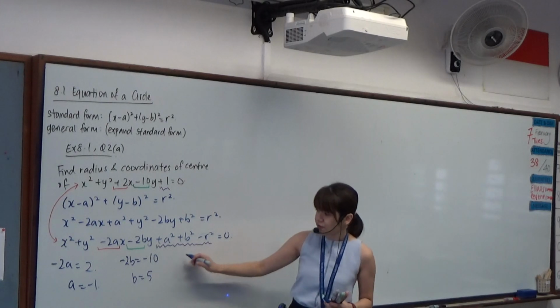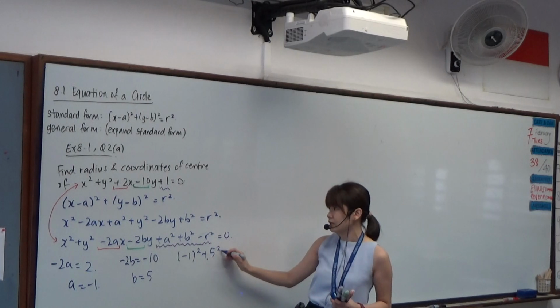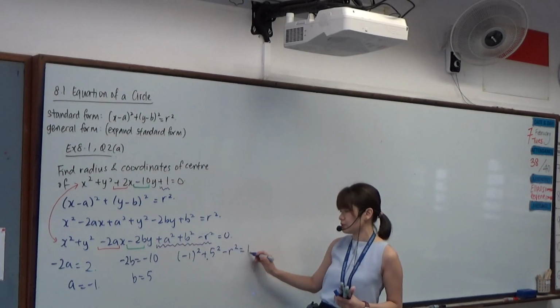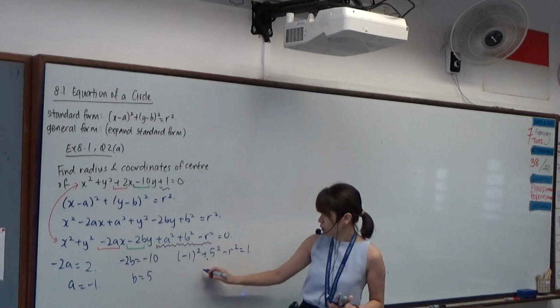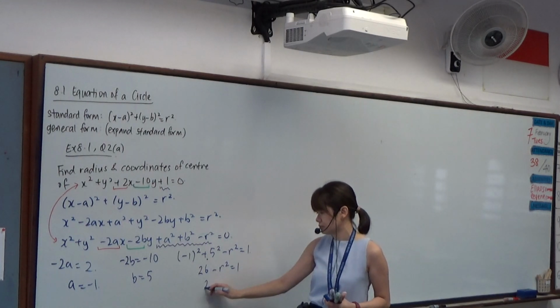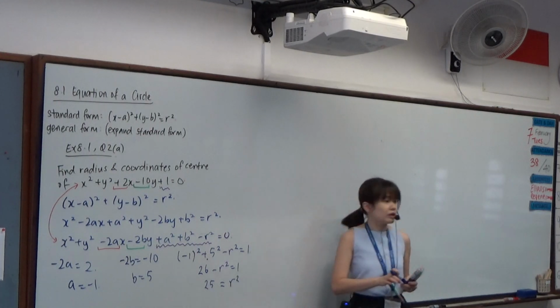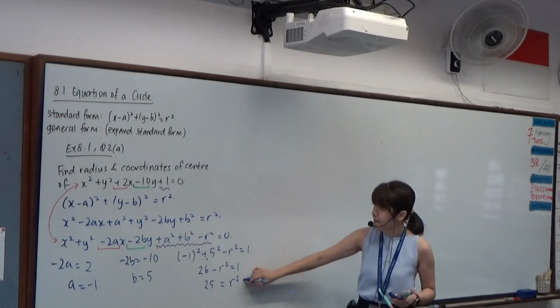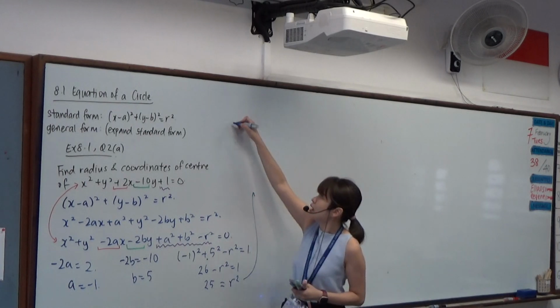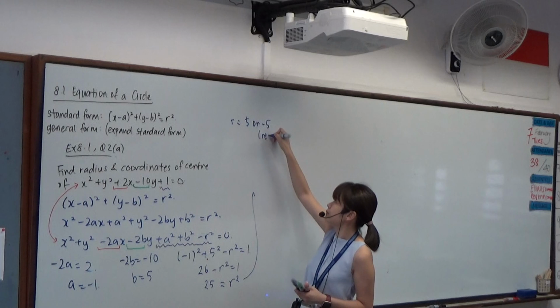So a and b have already been found. Negative 1 squared plus 5 squared minus r squared equals 1. This will come out to be 26, so 25 equals r squared, and hence r equals 5 or negative 5 when we take the square root.